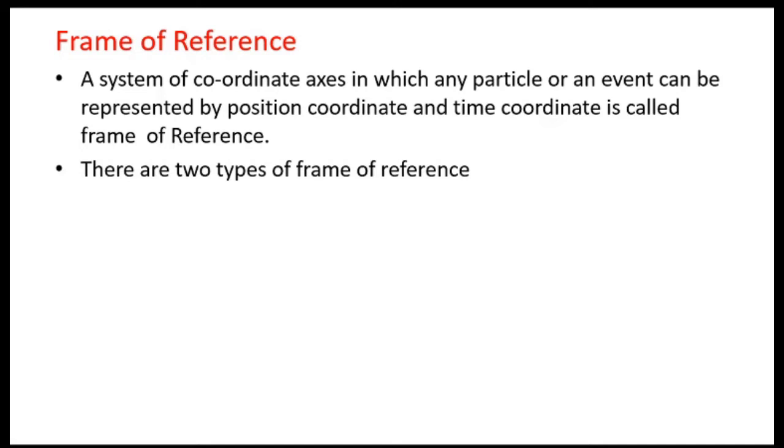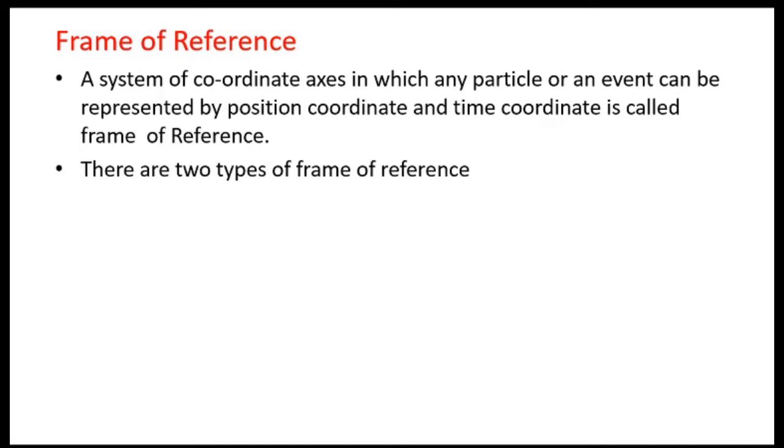So, we define a frame of reference: any system of coordinate axis in which any particle or an event can be represented by the position coordinate and the time coordinate is called the frame of reference. It acts as a reference from which you determine the position of a particular point where the particle is present or where the event has taken place.